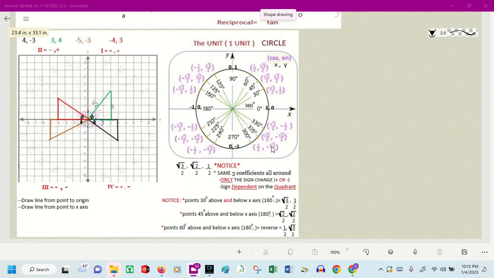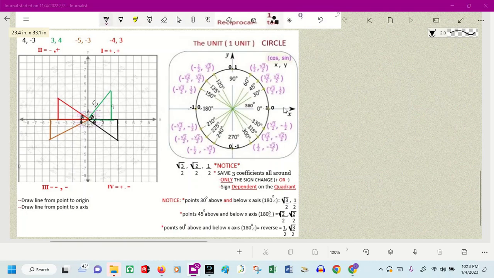Same numbers, right? Same three coefficients: square root 3 over 2, square root 2 over 2, and 1/2. 3, 2, 1. Same three numbers we see over and over on this unit chart, correct?